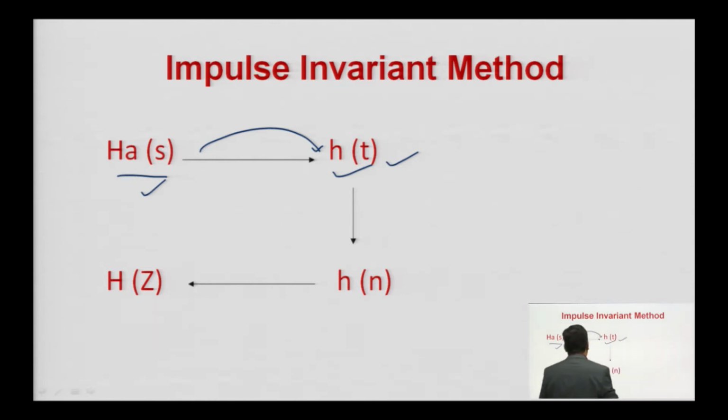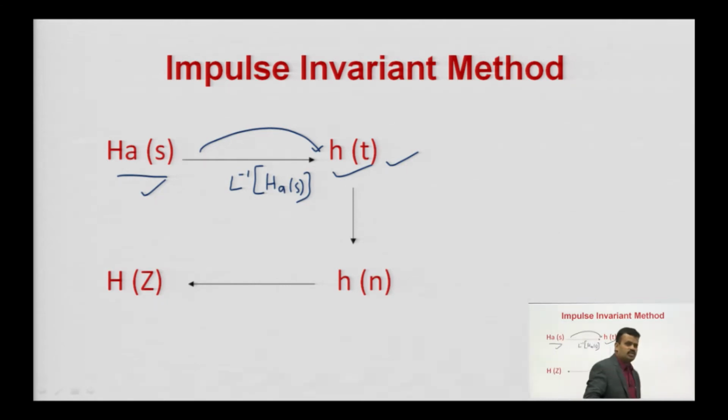Now, how is it possible? It is possible by taking the inverse Laplace transform of H(s). If you take the inverse Laplace transform of H(s), then you will get small h(t), that is your simple impulse response of the analog filter. This is the first step.